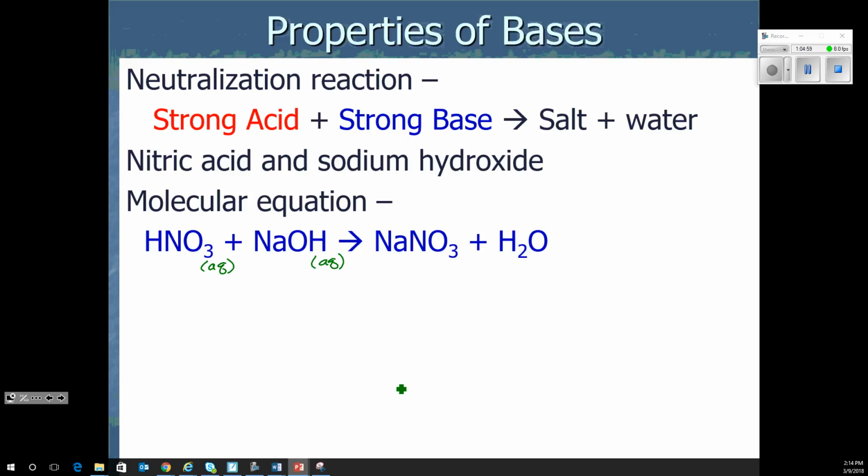Sodium nitrate. It's AQ. It is a salt. And water is a liquid. So salts usually get the AQ. Usually, but you've got to follow NAGSAG. Okay? All right, so write the ionic equation. Break it down. We're going to keep doing this till you guys get it. Okay, so Na is going to be the same on both sides. And NO3.